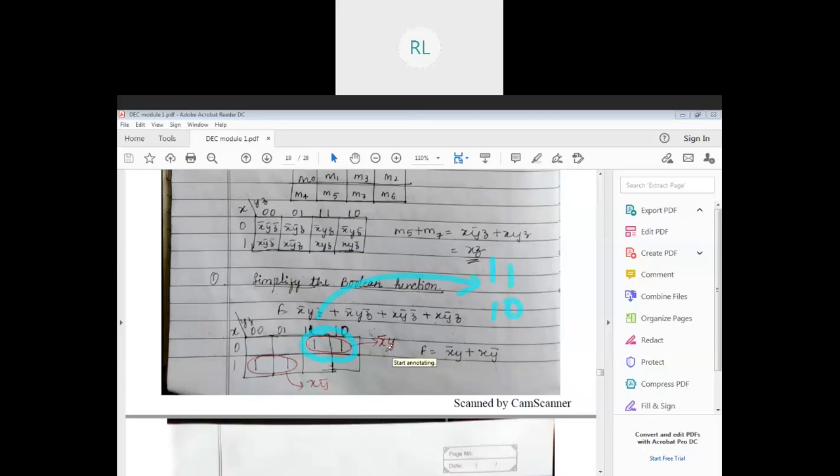Now let us take this 1 1 and 1 0. These terms I am taking here just for the sake of simplicity. Since I have my functions here, 1 1 and 1 0, we will try to understand what is going to happen.